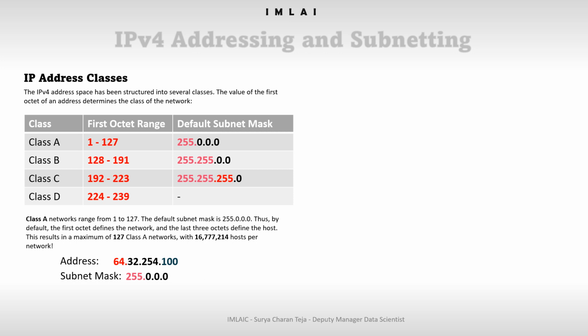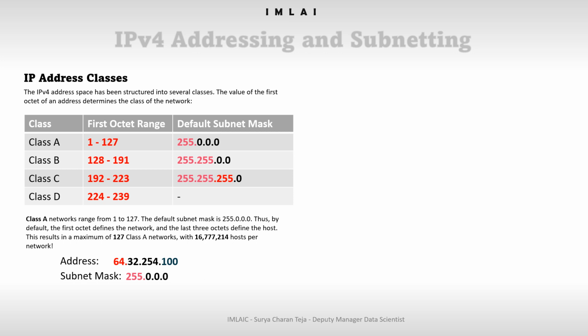Please also focus on the color scheme I have put here: red defines the network, and black defines the host. In class A, only the first octet defines the network, and the remaining three black octets define only the host.